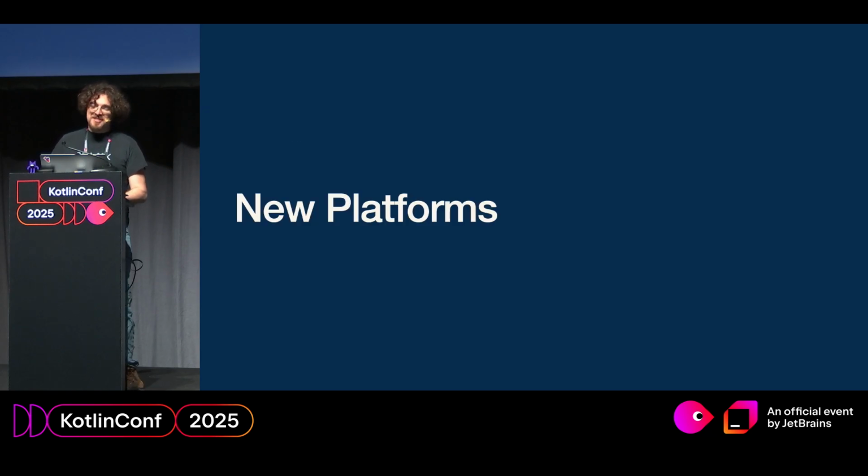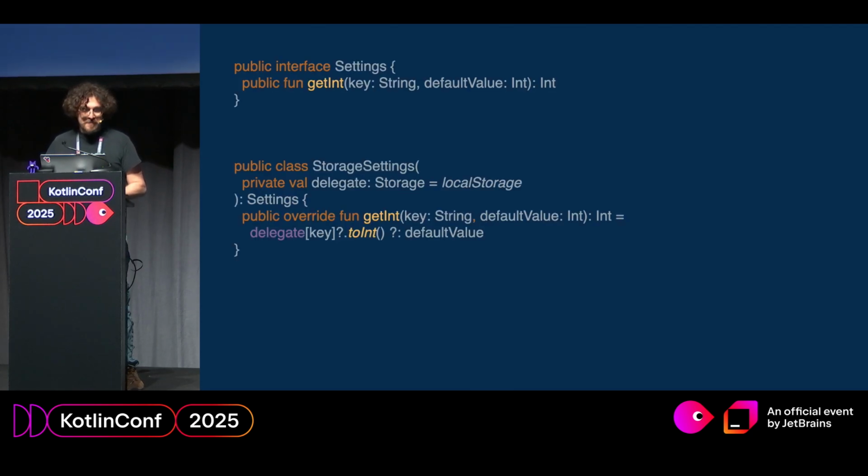Speaking of new platforms, towards the end of 2018, beginning of 2019, I started adding more. My initial focus was all mobile-based, but there are other platforms that Kotlin can write to too. The first big one was for JavaScript using local storage. And this, once again, has funny little things that are different from what Android and iOS looked like. It doesn't have the ability to have named setting stores.